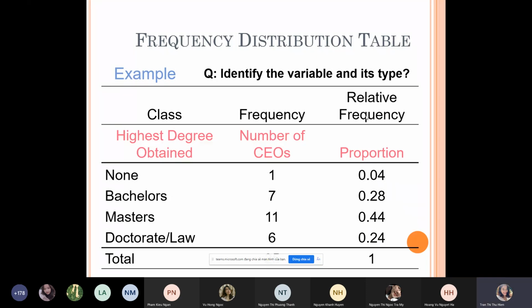What is the variable? What do we want to focus on from the data? In the table, the first column is the class, the second is frequency, and the third column is relative frequency. So what is the variable in this case?